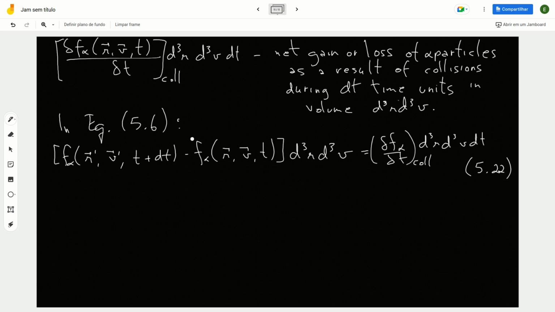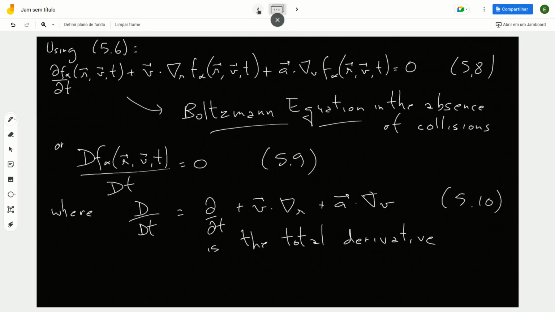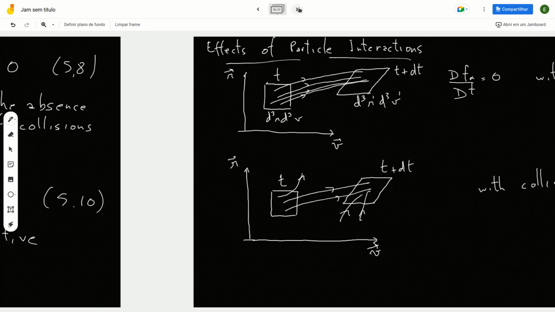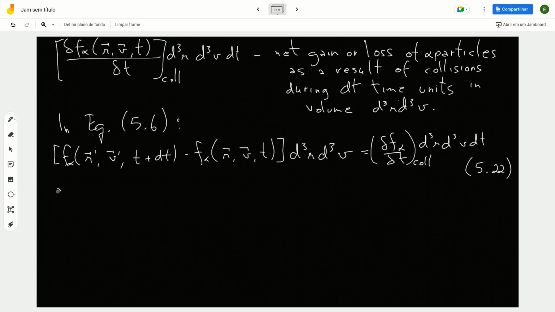Now, if you follow all the derivations that we did before to get to equation 5.8, using that collisional term, it will appear in the right-hand side. So equation 5.8 becomes, the new form of the Boltzmann equation is this.